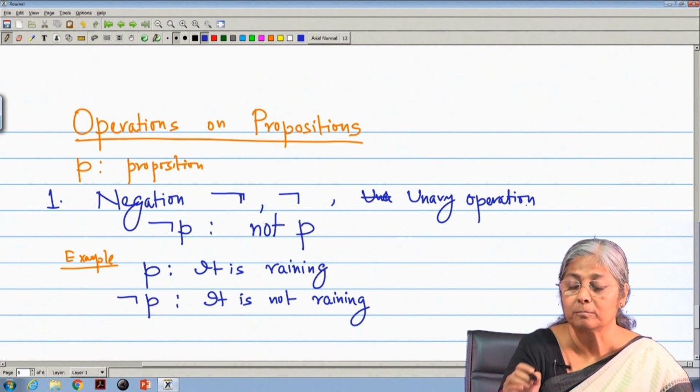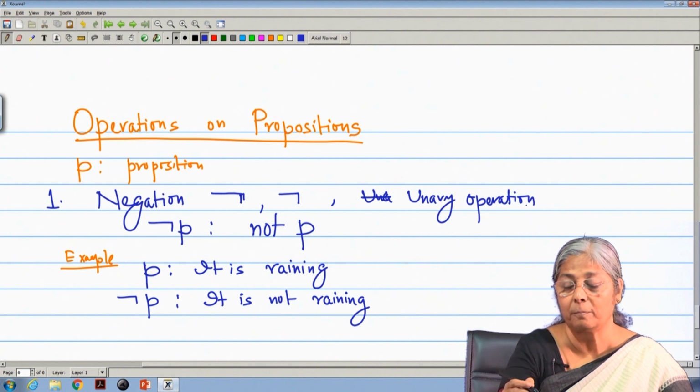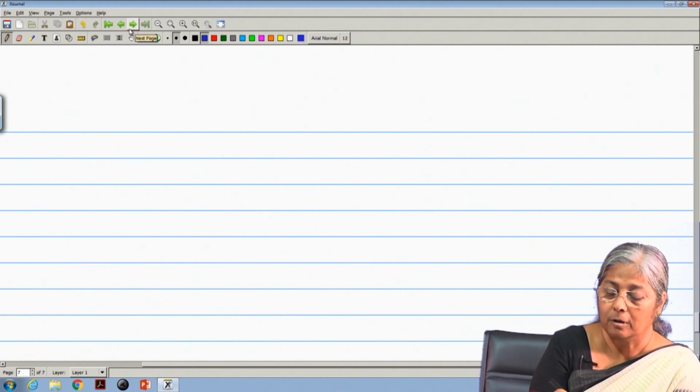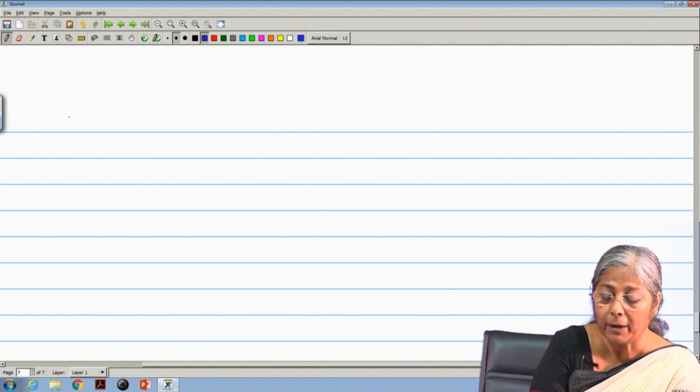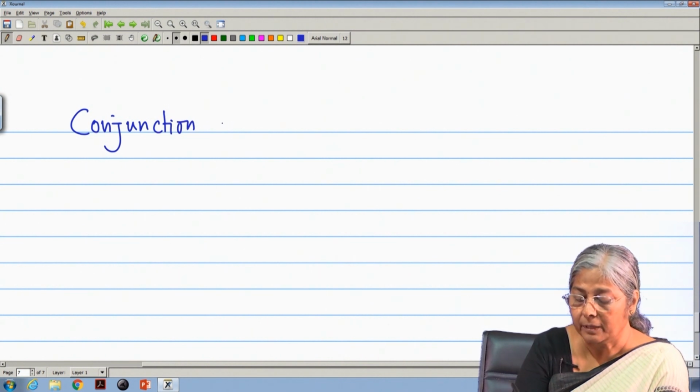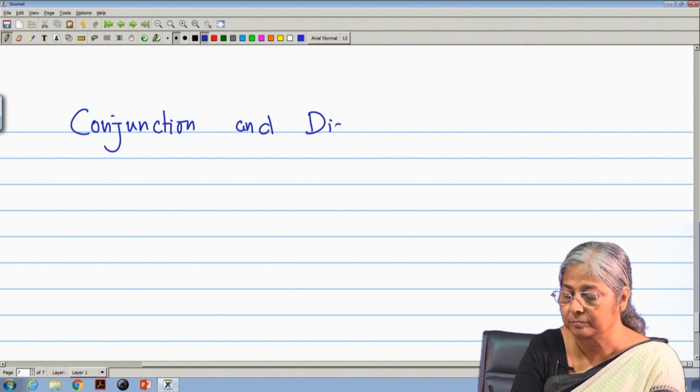We have two operations for this. These are binary operations: conjunction and disjunction.